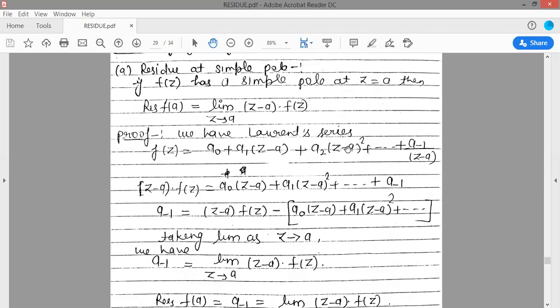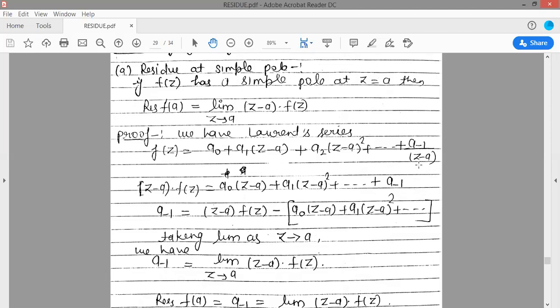These are positive power terms, plus a minus 1 upon (z minus a) plus and so on, and the rest of the terms will be 0, because we are finding our residue at a simple pole or pole of order 1. So for a pole of order 1, only one negative power coefficient will exist, and a minus 2, minus 3, minus 4 and so on, all the coefficients will be 0. And this is the definition of a pole.